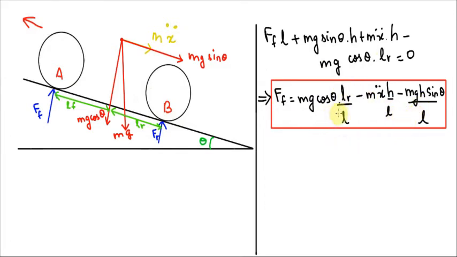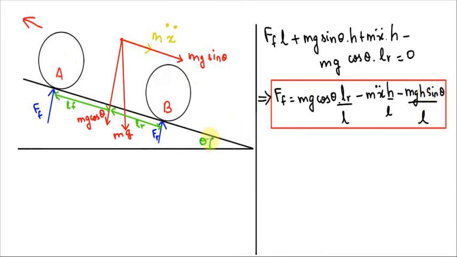Now, if you compare this equation with the previous one, we have this cos component over here. This dynamic part remains the same, and we do have the sine component of the weight, which is mgh sine theta by L. Here, the height of this force is the same as the height of the center of gravity from the ground surface. So that's why mg sine theta into h by L.